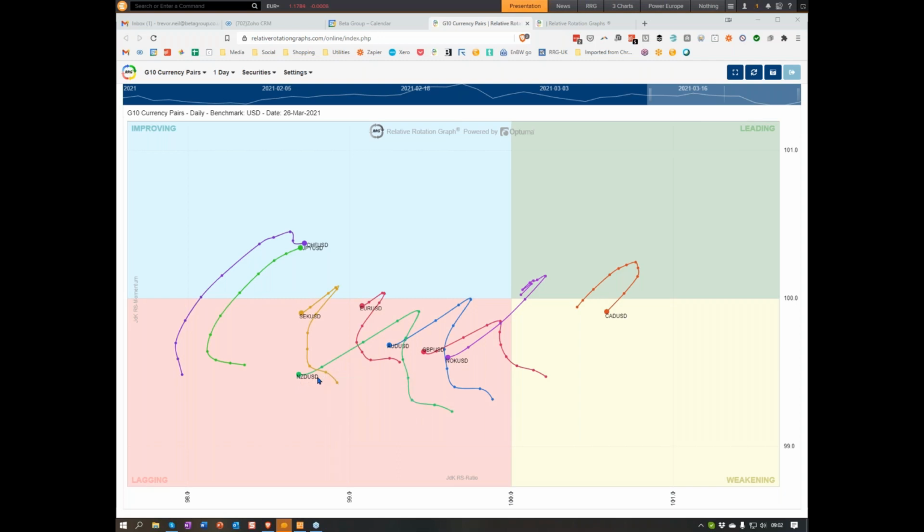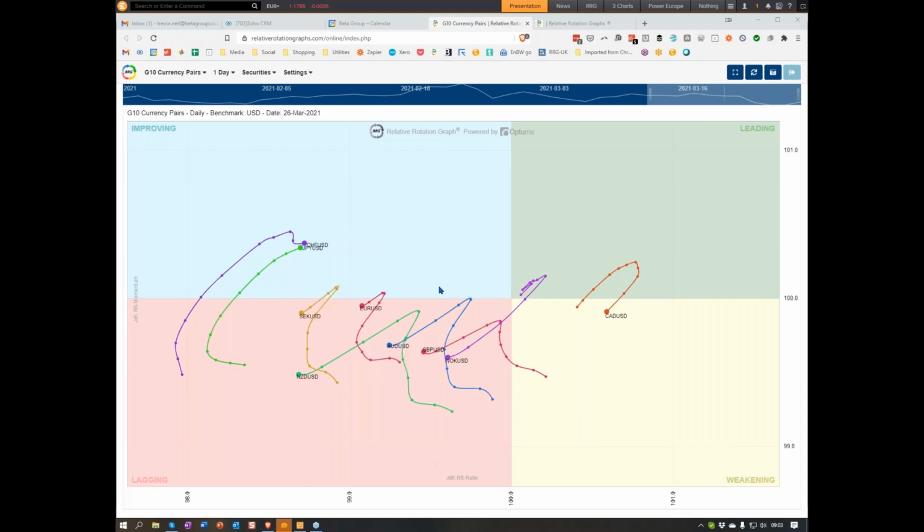It's heading southwest. Heading west means it's getting weaker compared to the US dollar, but south also means declining momentum. And so it's poor and getting poorer. You could make a case that the Swiss franc and the yen are performing poorly because they are on the left of the dollar, but are improving as far as momentum is concerned, though still likely to be stuck over here for a bit longer.